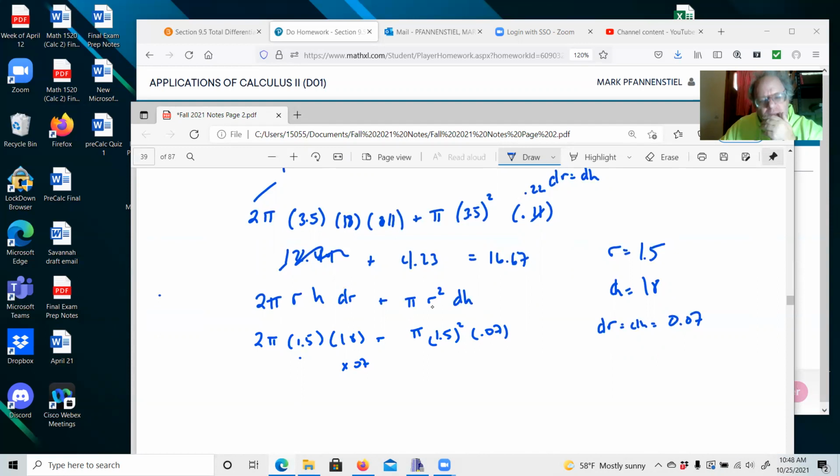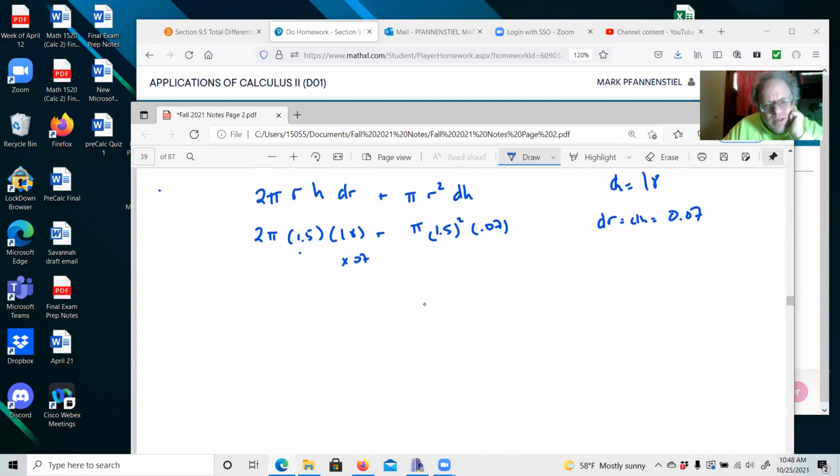Okay. So actually, if I could make this formula a little bit easier, we have pi times r, and I have 2h dr plus r dh.